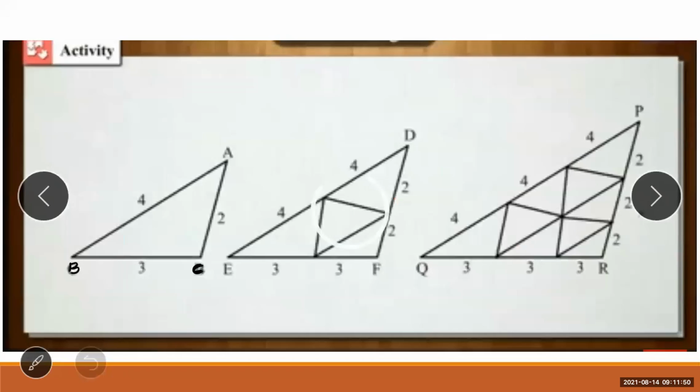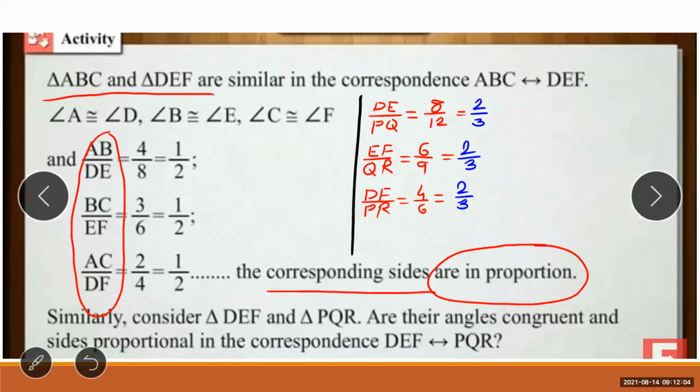And that is 4 by 8. So 4 by 8. The value we will put here. See, 4 by 8. Is it okay? Understood? Now we will write the values for this ratio, BC by EF. Now see again the figure.